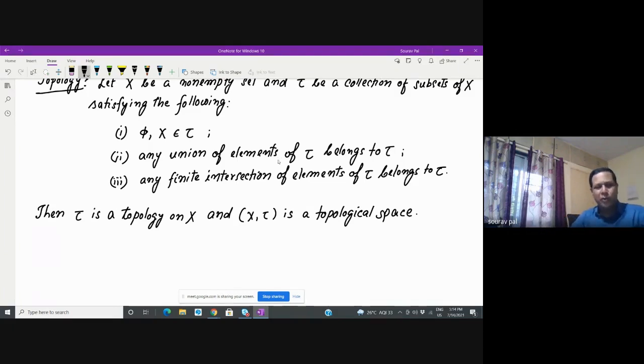Given two topologies on X, when do we call one smaller than the other, or one weaker than the other? This is just a note.